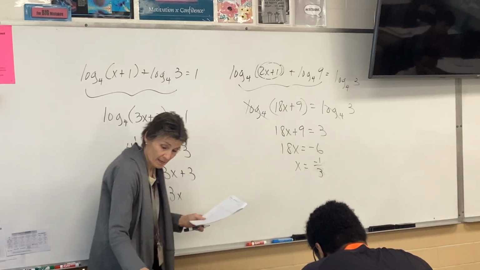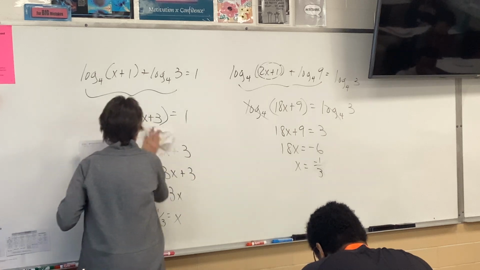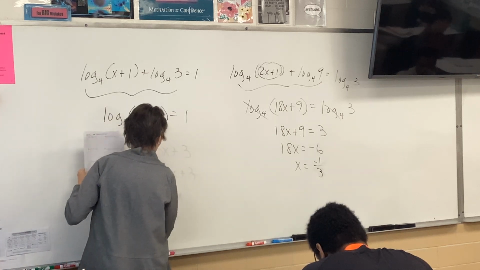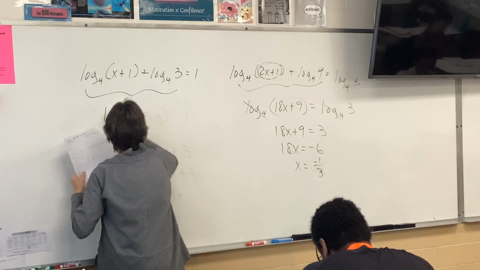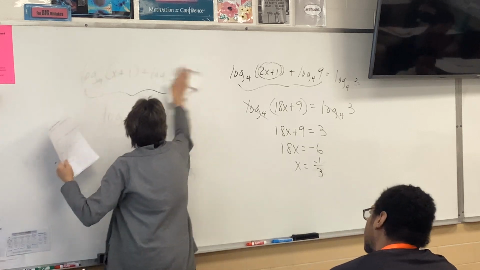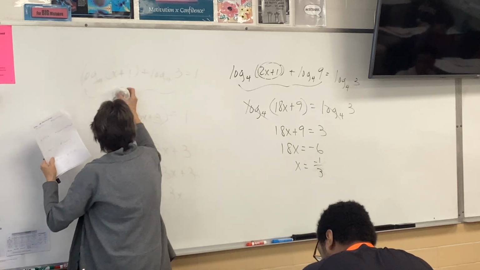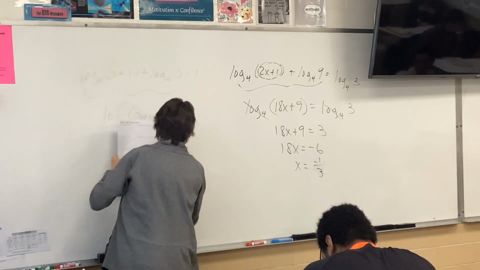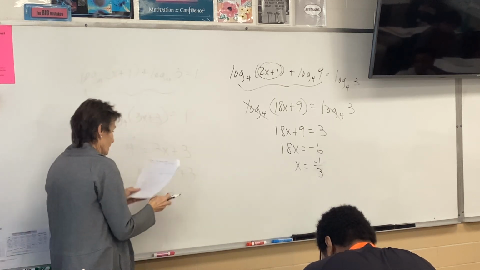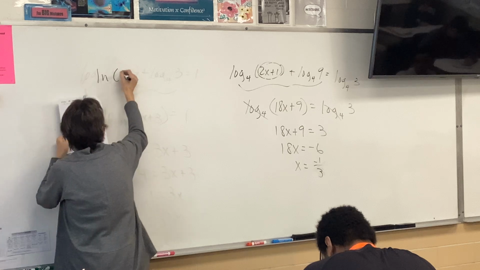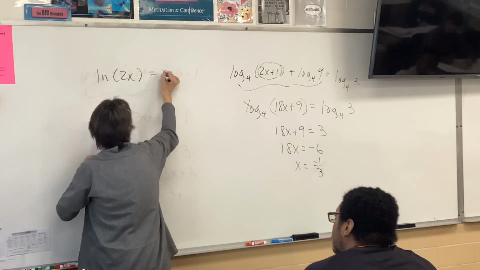Okay, let's look at the next problem. All right, so we have ln 2x equals 3.